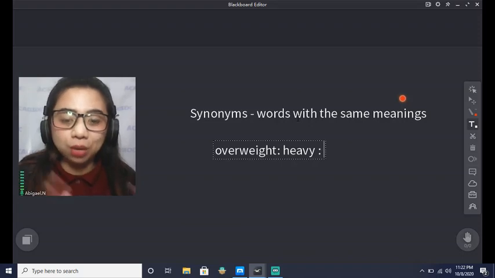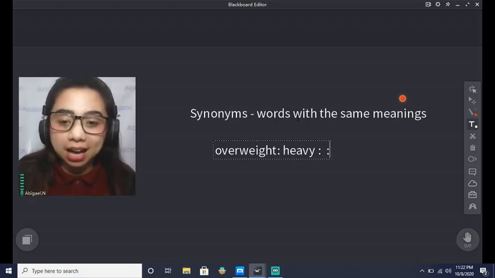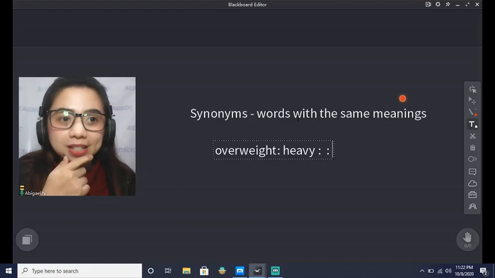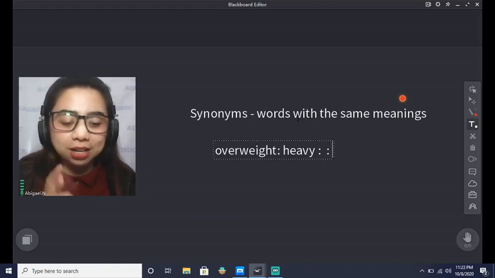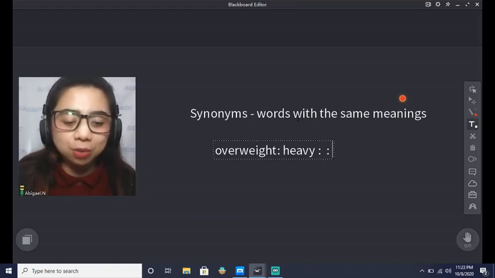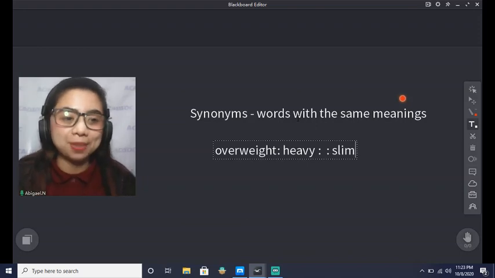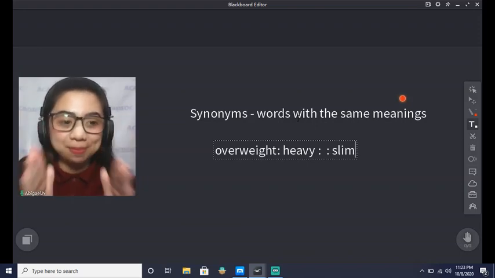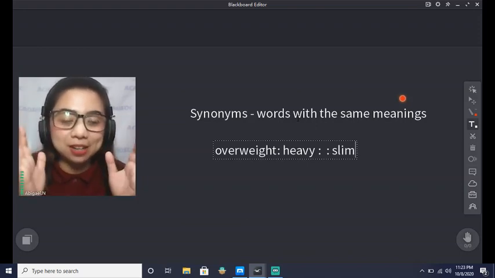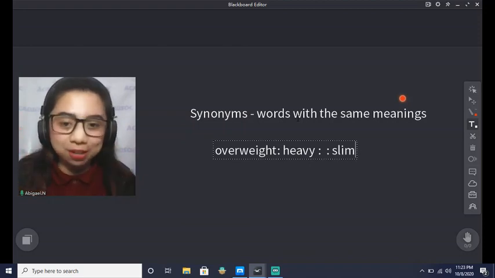Overweight is to heavy as, let's think of another word. How about slim? Slim means it's in good shape.